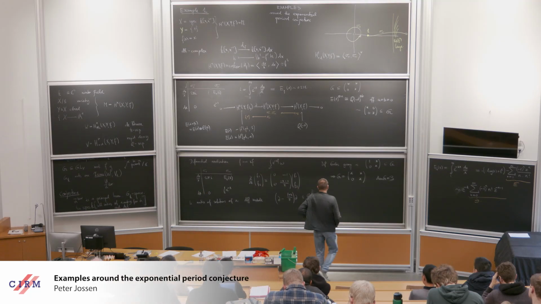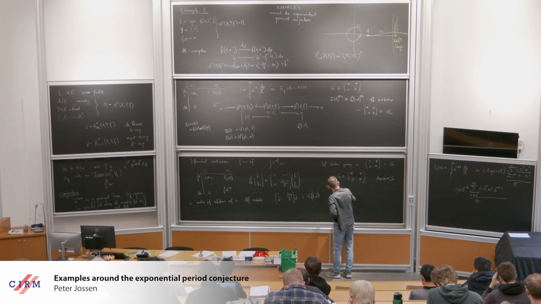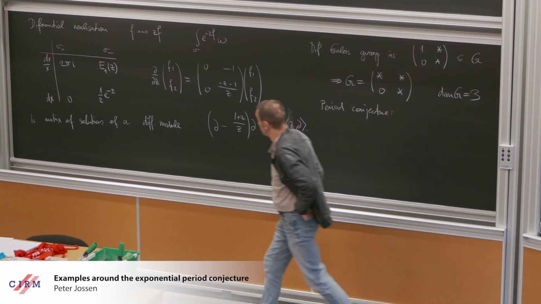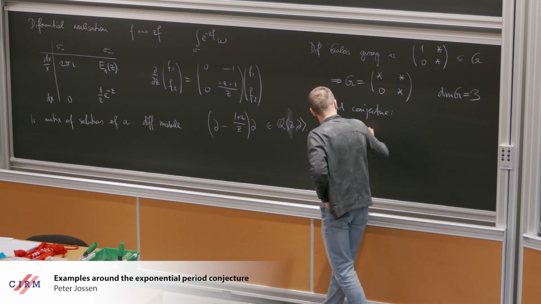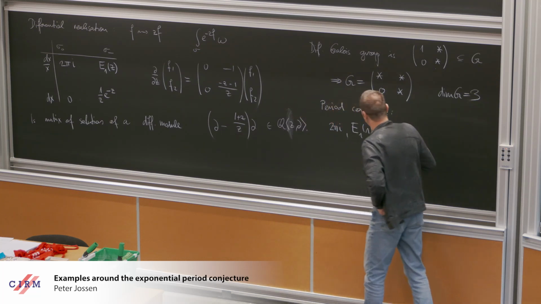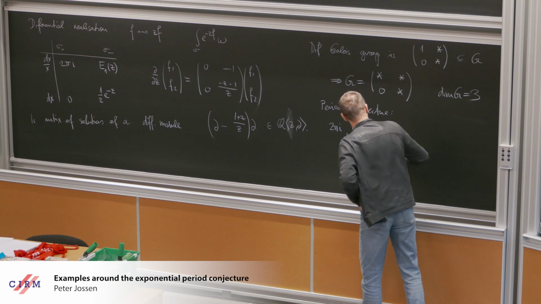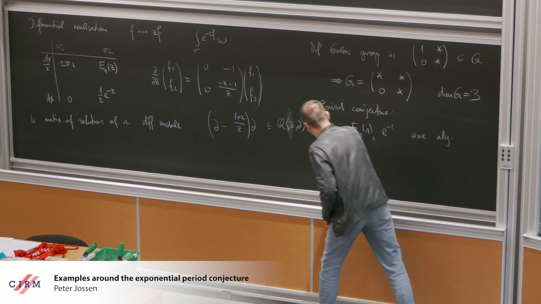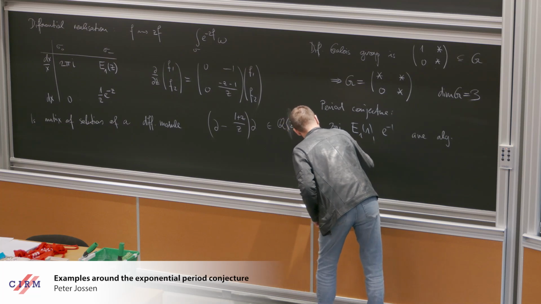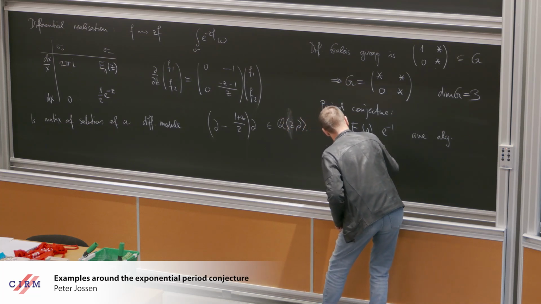So the exponential period conjecture predicts now that 2πi, E1(1) and e inverse are algebraically independent numbers.